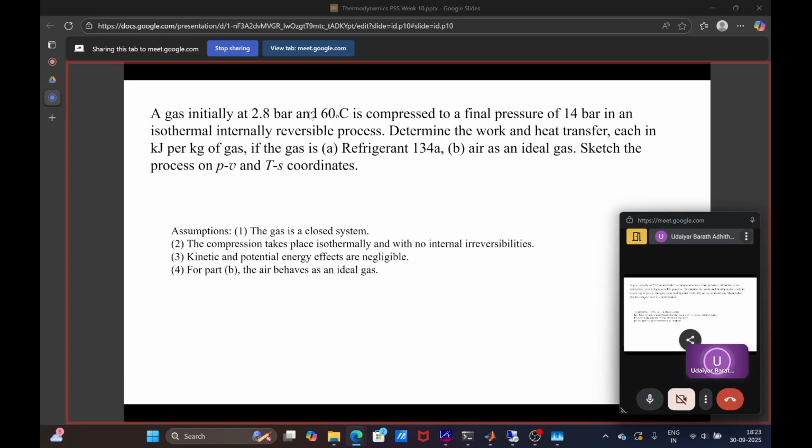We need to find the work and heat transfer for two cases: when the gas is refrigerant R134A, and when it is air, an ideal gas. The assumptions are that the gas is in a closed system, the compression takes place isothermally and is internally reversible, as given, and we neglect kinetic and potential energy.